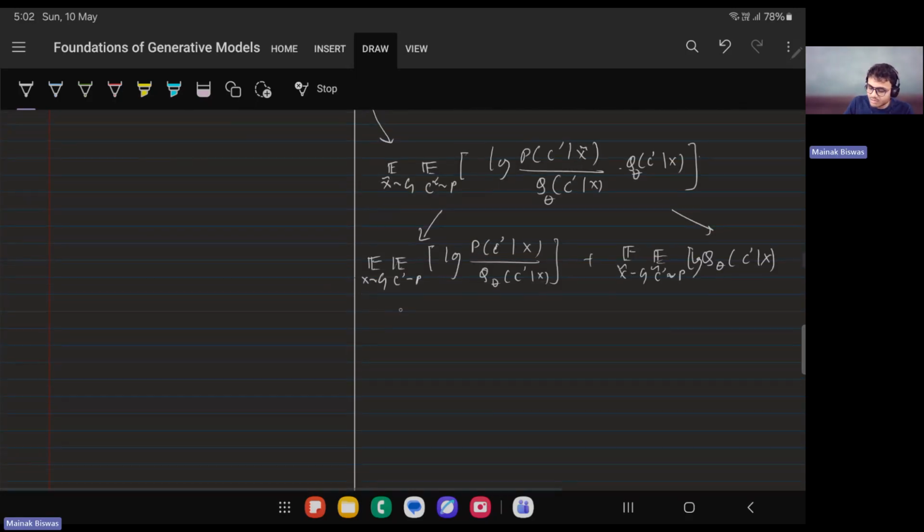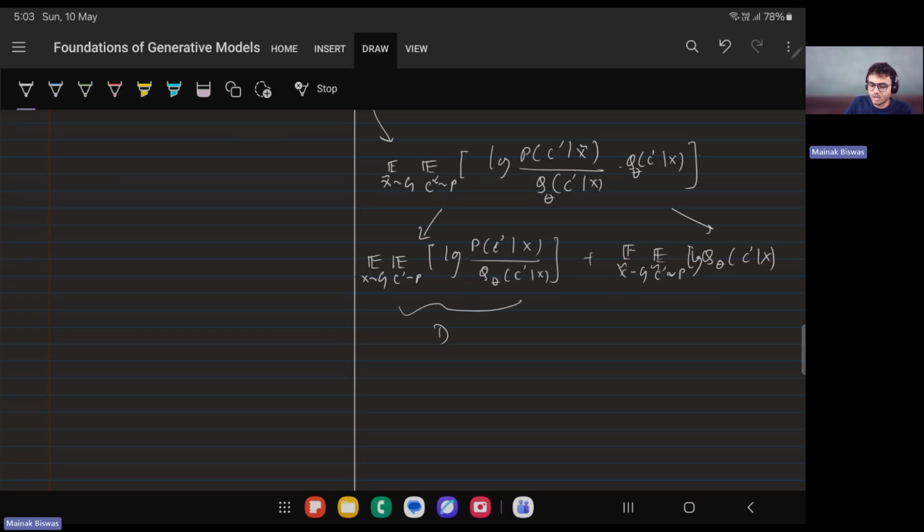So this is nothing but the KL divergence, P log P over Q theta of C dash given x, the integral dx.